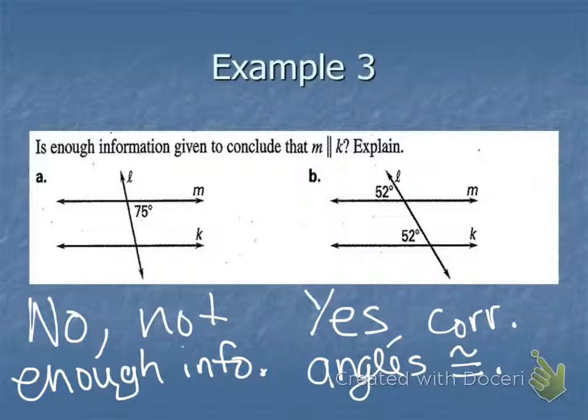If you want to be a little fancier, you can name that converse. I think it was called the corresponding angle converse, if you want to write that instead, or you can just explain it in your own words that the corresponding angles are congruent. What questions do you guys have over this?